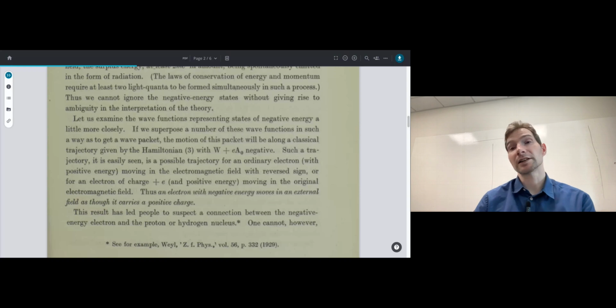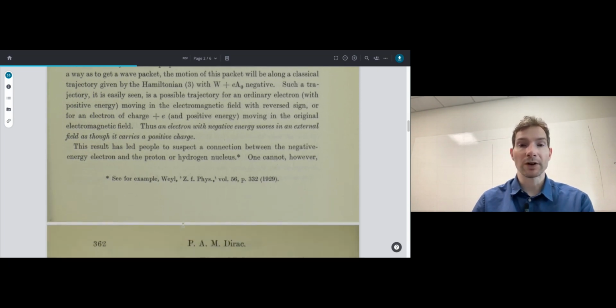What is fascinating, and to be honest I didn't know this before reading the article, is that people thought at the time that there was a connection between negative energy electron states and the proton, which was then the nucleus of the hydrogen atom.